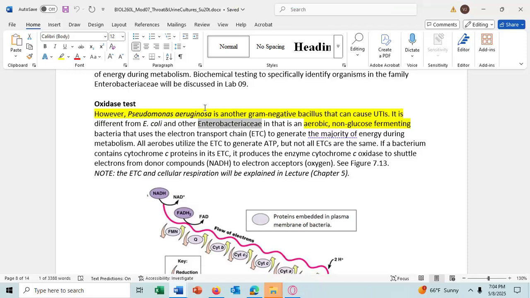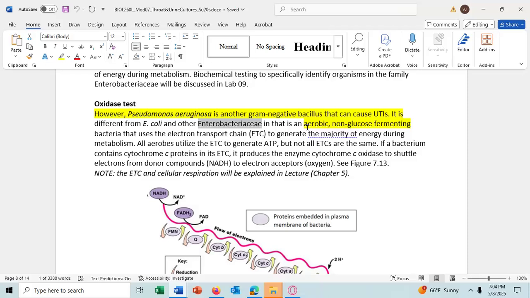But you could look for growth in a, how do you say that word? I forget the name.